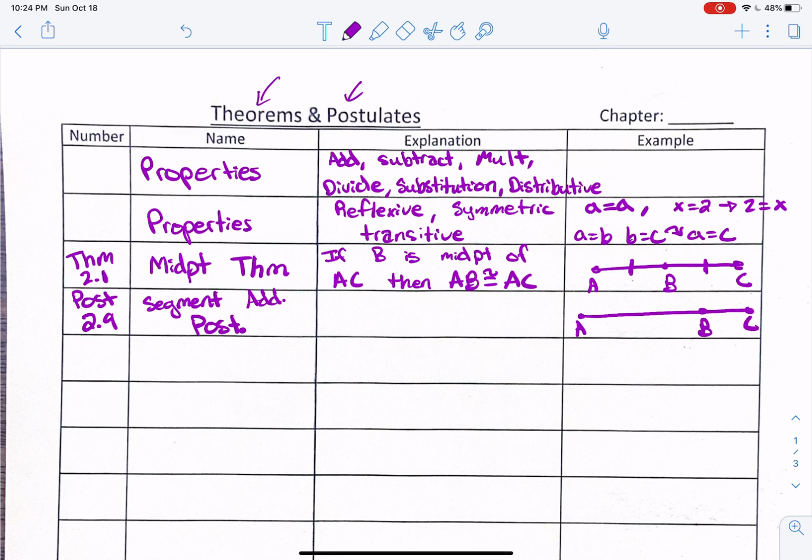Okay, I'm going to draw out my diagram over here. ABC, I'm going to make it evident that B is not exactly in the middle, and I'm just going to say AB plus BC is equal to AC. That's the segment addition postulate. We'll use it for quite a few proofs going forward.